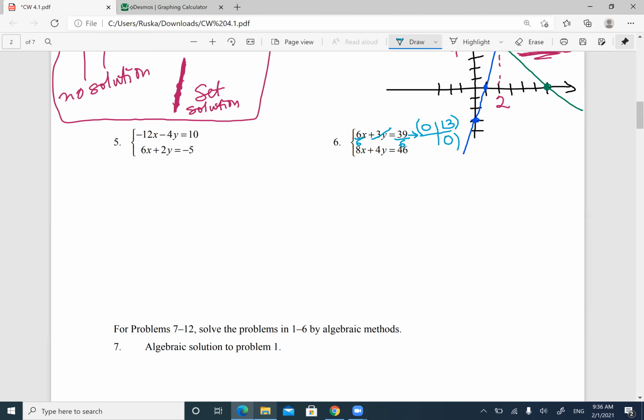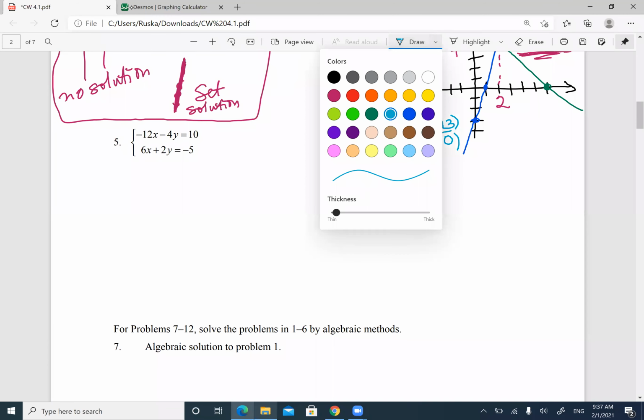That's 6.5, right? Would you keep it as a fraction, or would you do it as a decimal? Yes, thank you for asking that. When you have to graph, decimal is better. Okay, so that's the coordinates for the first point of the first straight line to graph.